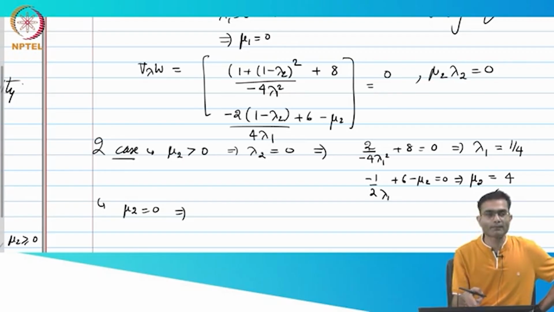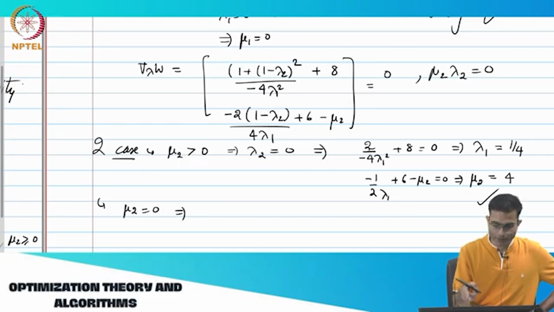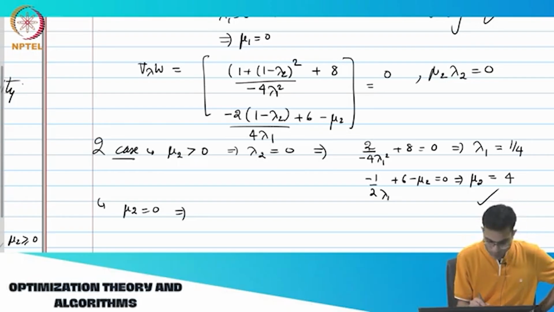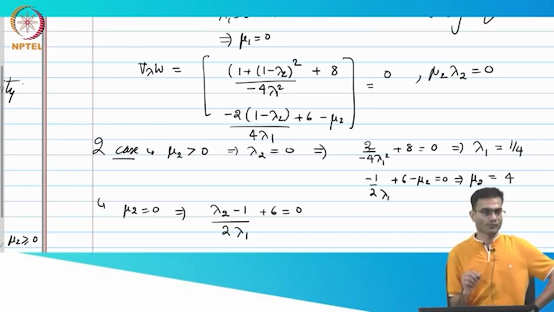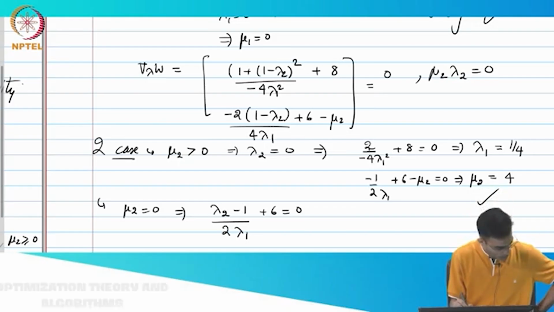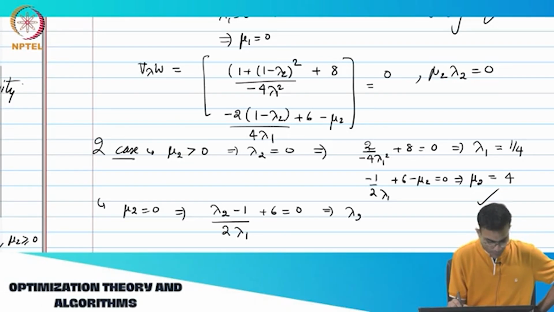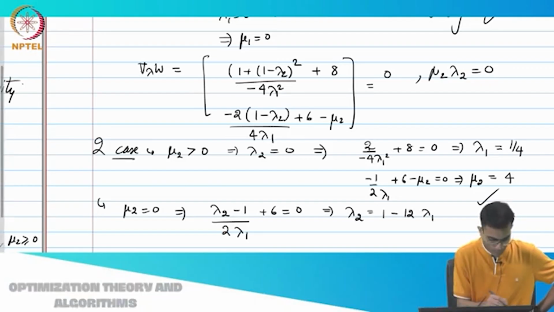Or I can just get lambda 2 directly from the second part of the gradient, right? So what will I get? Lambda 2 minus 1 by 2 lambda 1 plus 6 equal to 0, because mu 2 equal to 0.